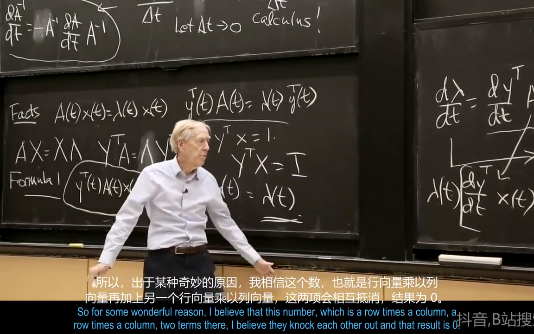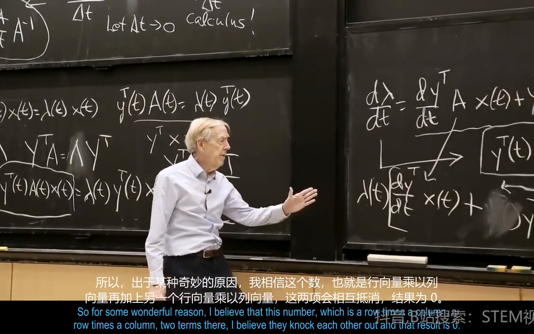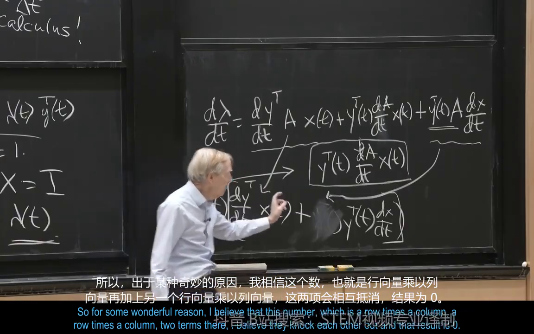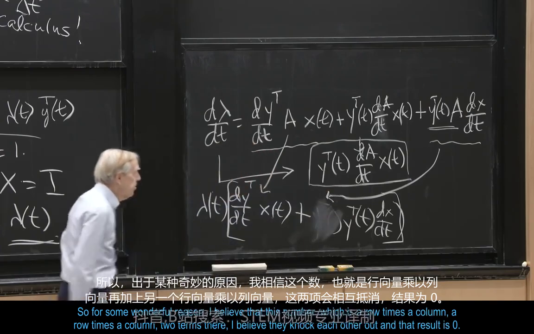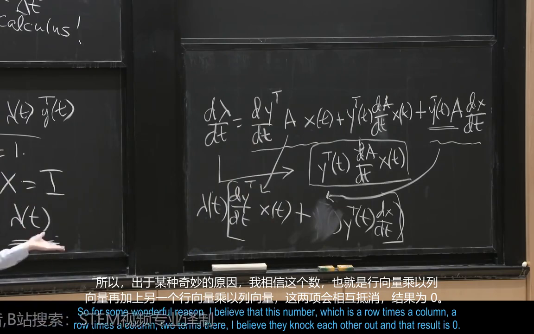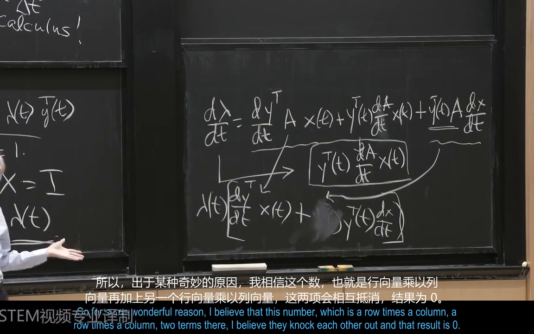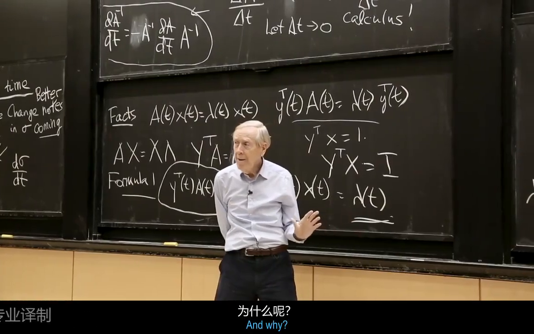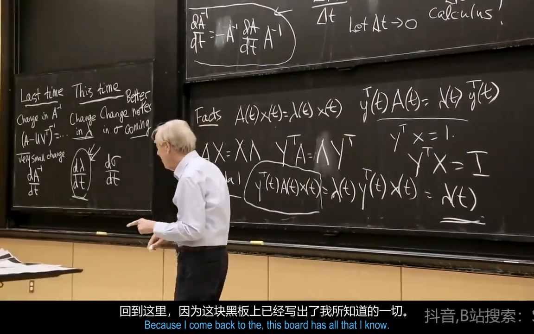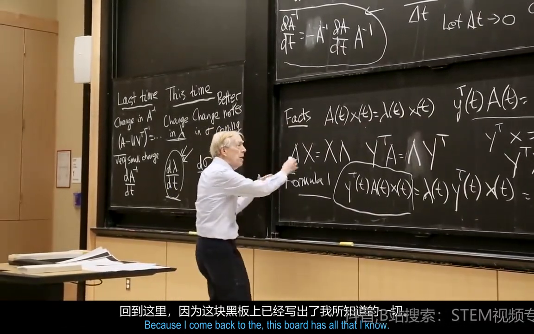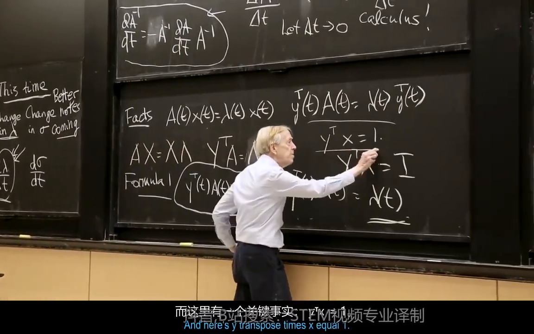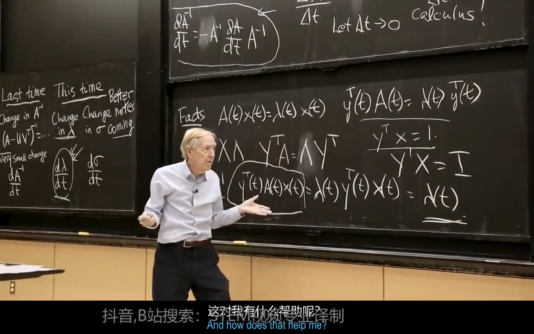So for some wonderful reason, I believe that this number, which is a row times a column, two terms there, I believe they knock each other out, and that result is 0. And why? Because I come back to this board, which has all that I know, and here's y transpose times x equal 1, and how does that help me?